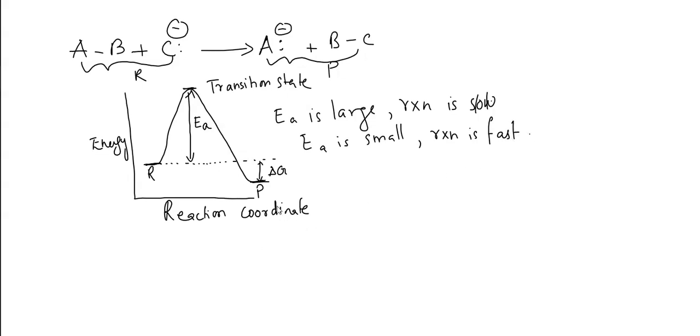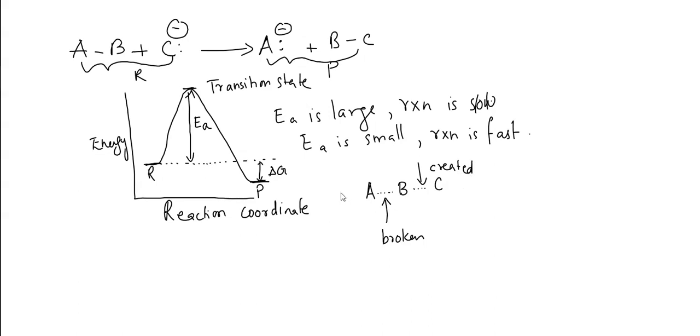The transition state is usually represented in this manner, where you put dotted lines between A and B and then dotted lines between B and C, which tells us that this bond is being broken and this new bond is being created.